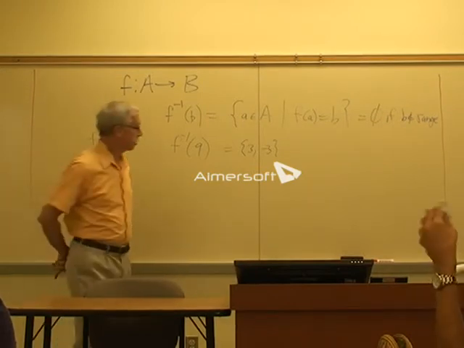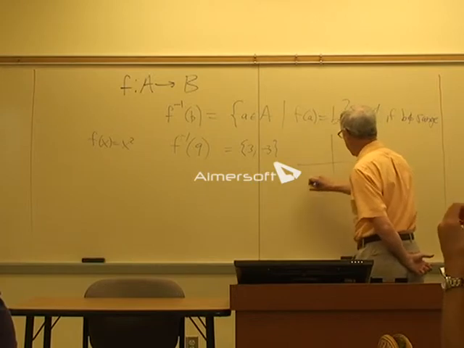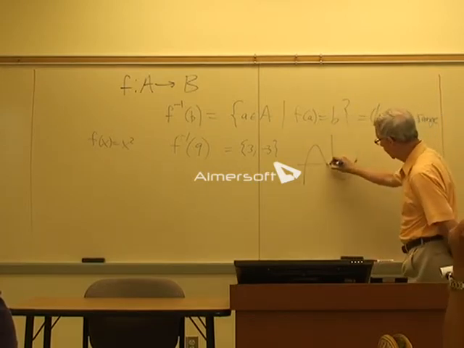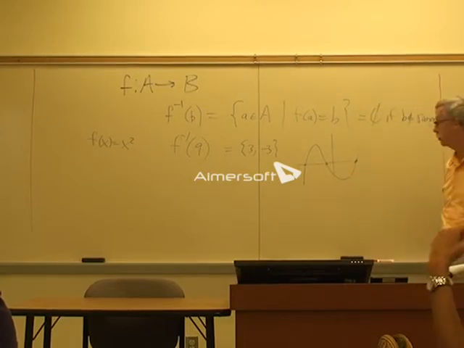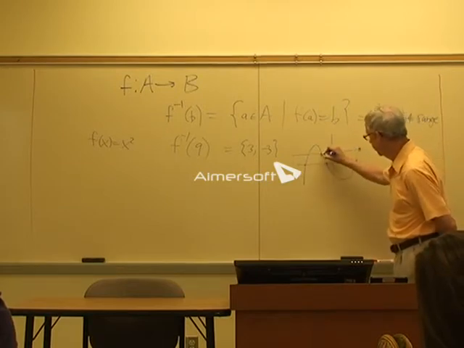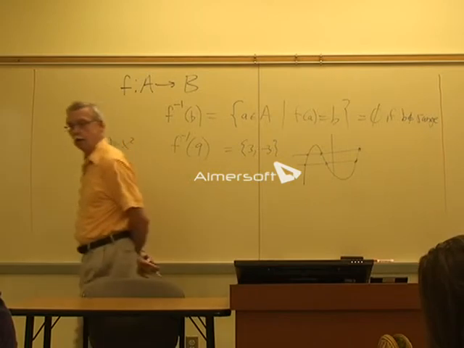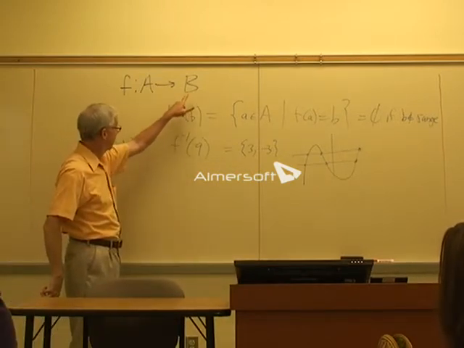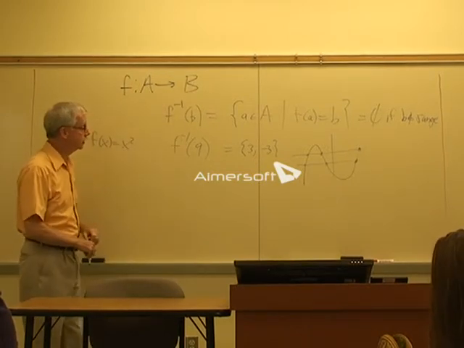If I have a cubic equation, a general cubic, the pre-image of 0 would be these 3 points where it crosses, right? So there can be lots of things that get sent to the same place. The pre-image of 1 might be those 3 points. So pre-image is kind of a generalized inverse. It lets me pick one element in the codomain and figure out all the things that get sent there.